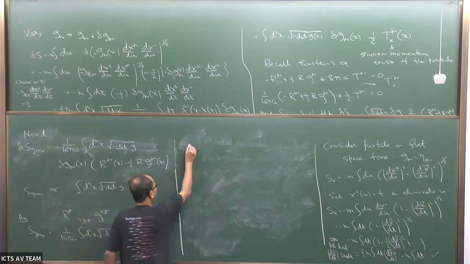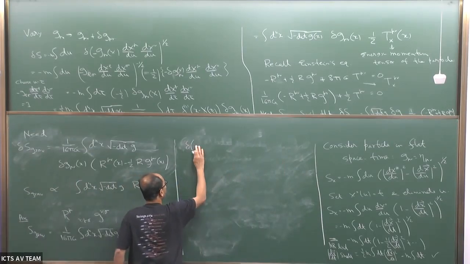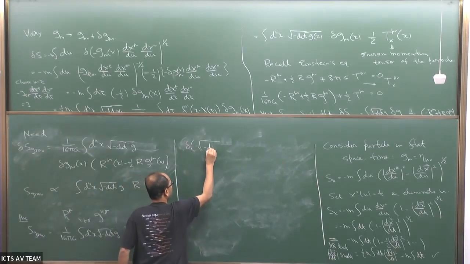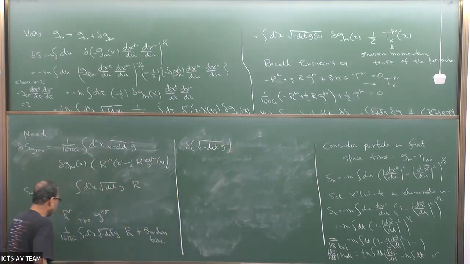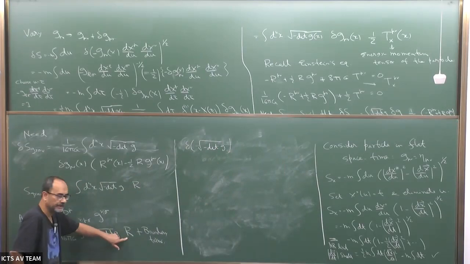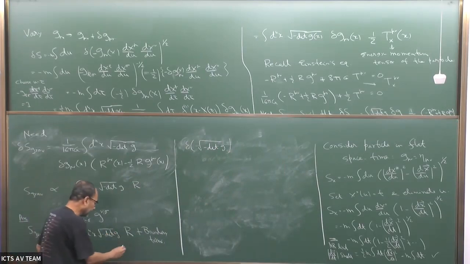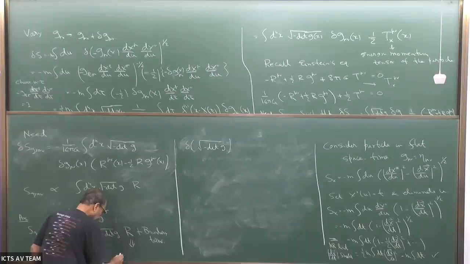So delta of square root of minus determinant G is the first thing you have to calculate. Because it will be delta of S gravitational, it will be delta of this plus delta of this. So R I can also write as G rho sigma R rho sigma.